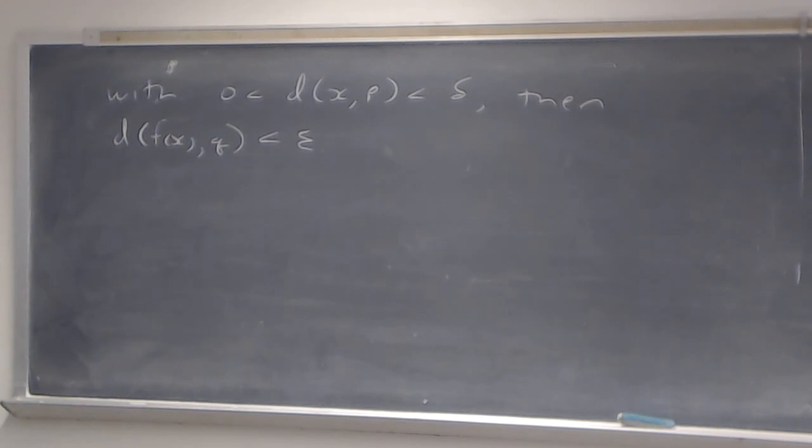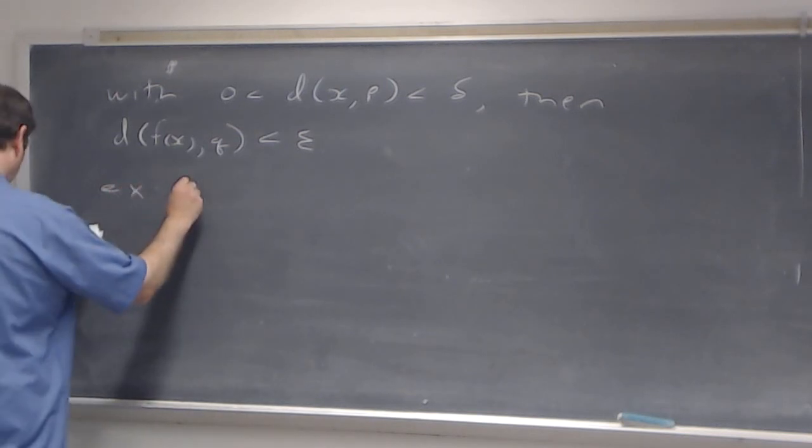Okay? And so that's the definition of a limit of a function. And since this chapter has to do with continuity, we're going to primarily be talking about real valued functions here. So let's look at an example of the limit of a real valued function.